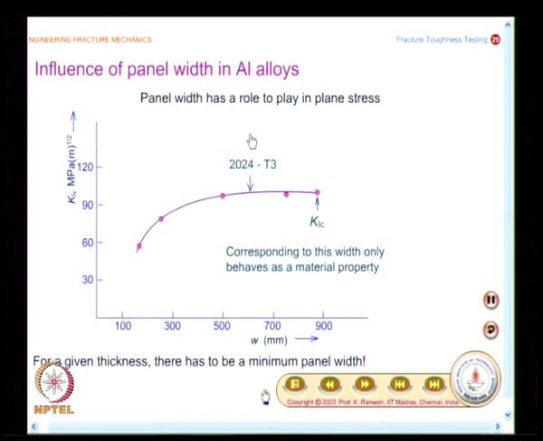If the value calculated has to behave like a material property, there is a need for a particular width. So, the idea to note is for a given thickness there has to be a minimum panel width.